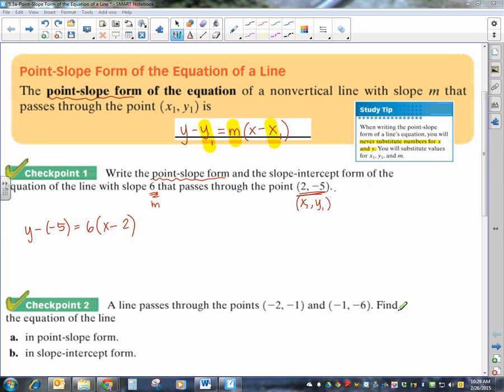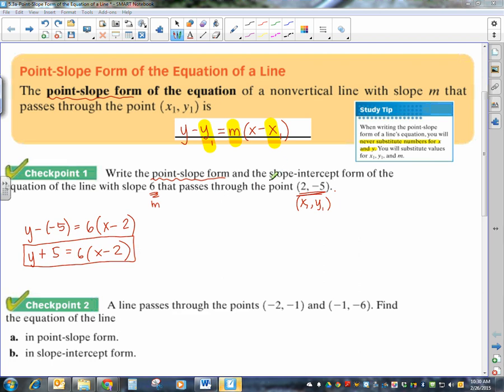Now you don't want to leave your answer like that because it's not really in simplified form. So we would say y plus 5 is equal to 6 times x minus 2. So recognize that there's my y sub 1 that I plugged in, that's my slope, and that's my x sub 1. But that would be the way you would put your answer.